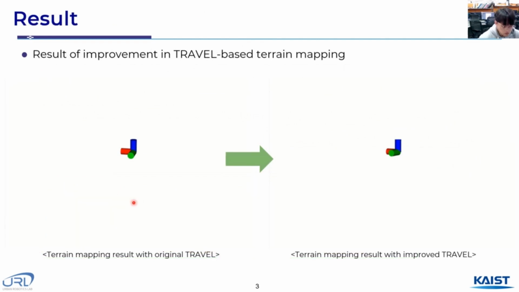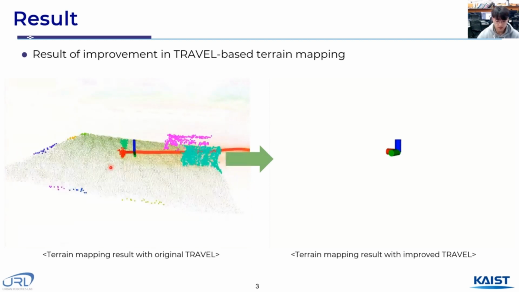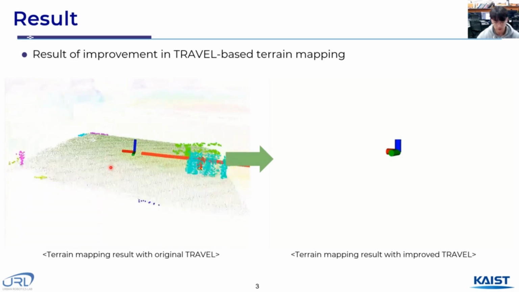So these results show the ground and object segmentation results from the accumulated data, and the colored data means the clustered objects, and this dark green data means the terrain data.